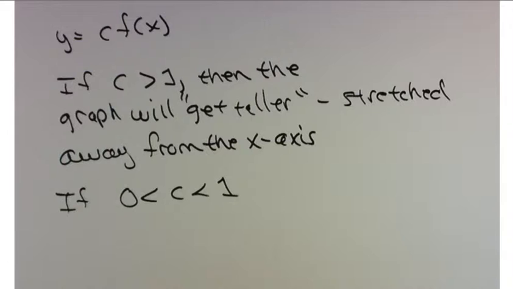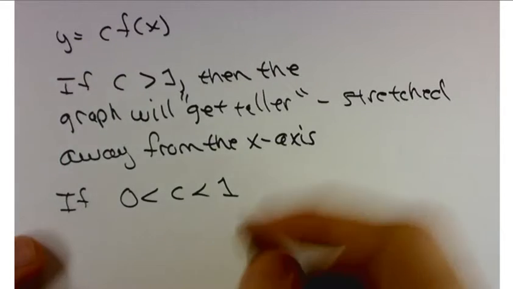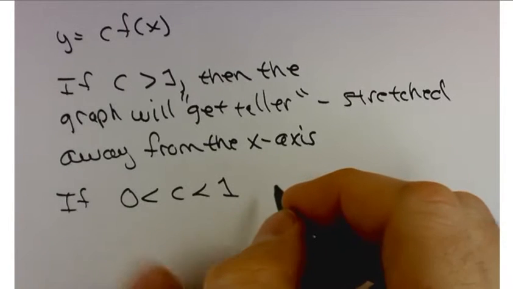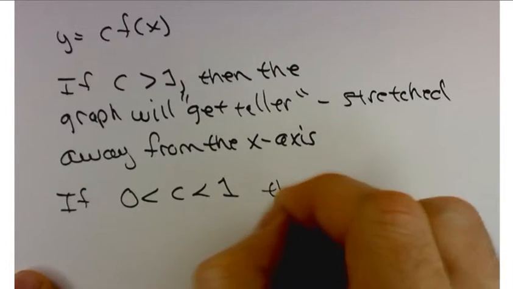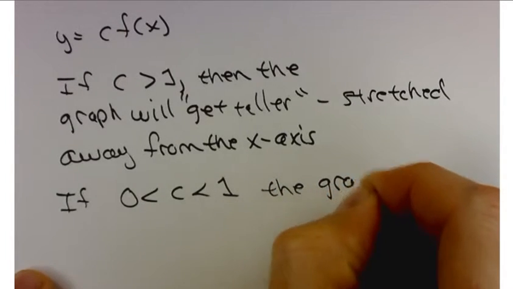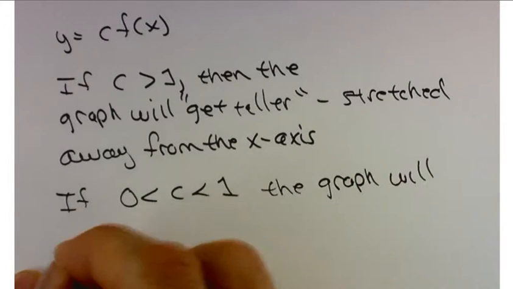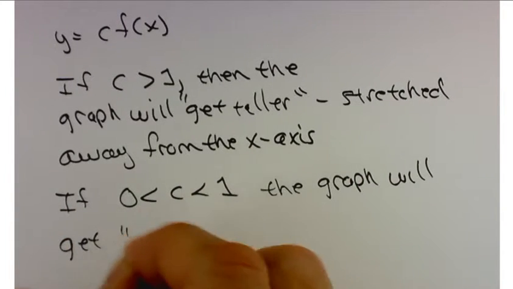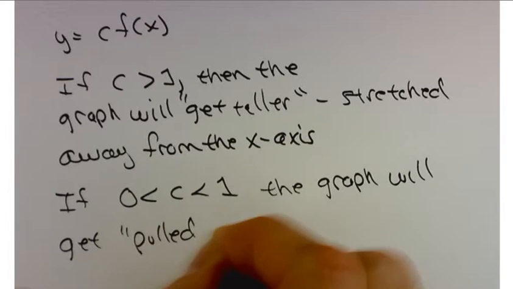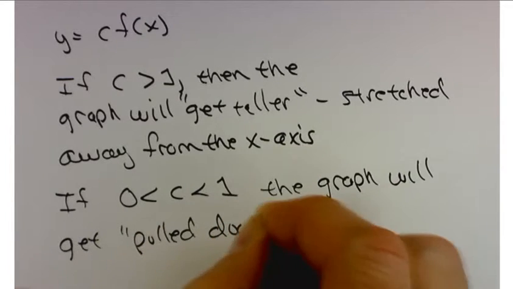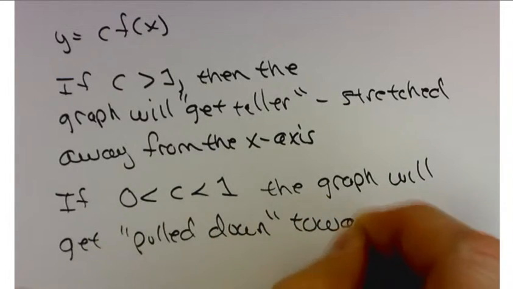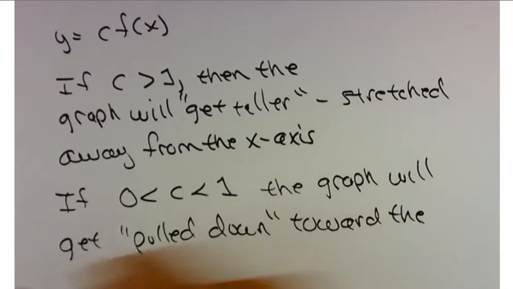So if c is between 0 and 1, the graph will get pulled down toward the x-axis. So a couple different possibilities there in terms of your stretches.